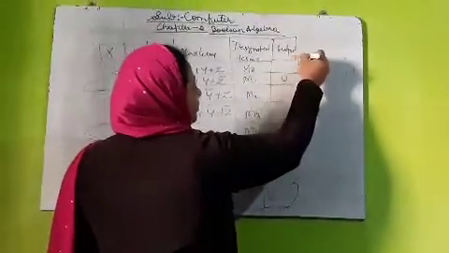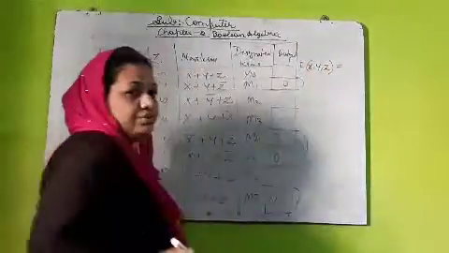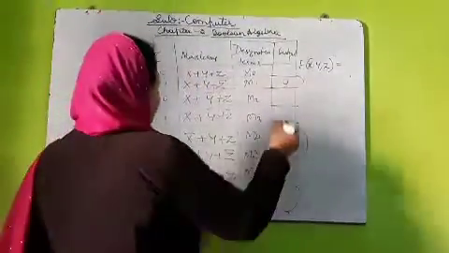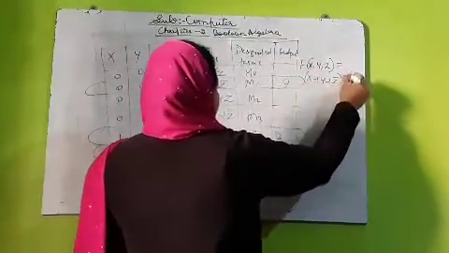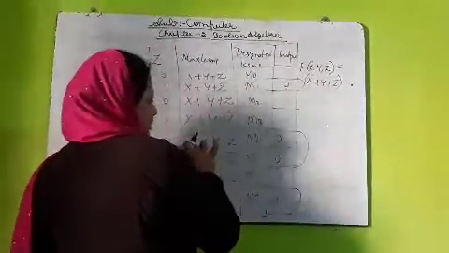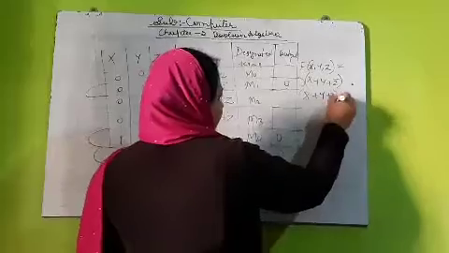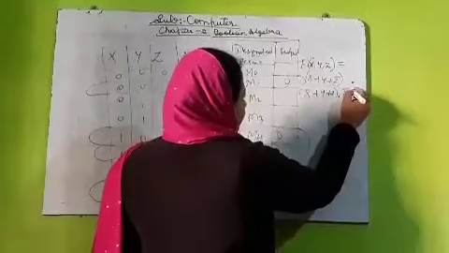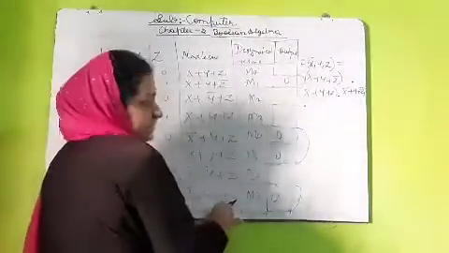So f of x comma y comma z is equal to, now just find the zeros and write down the expression, that is x plus y plus z bar, ANDed with x bar plus y plus z, ANDed with x bar plus y plus z bar, ANDed with x bar plus y bar plus z bar.